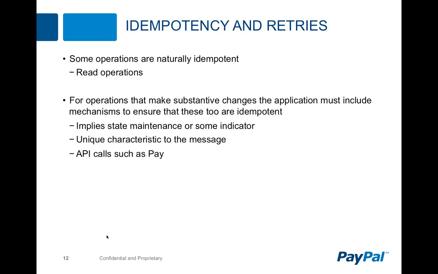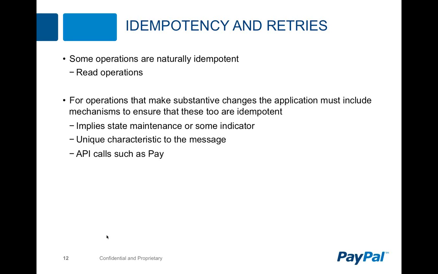But some operations are not naturally idempotent. So, for example, if a user is going through the PayPal system and tries to pay, but then imagine you're going through a wireless network, either through a cell phone or on a train that goes through a tunnel, etc. So where the network characteristic is so bad, we end up getting multiple requests, or your app thinks, okay, I haven't called pay, so I'm going to call pay again.